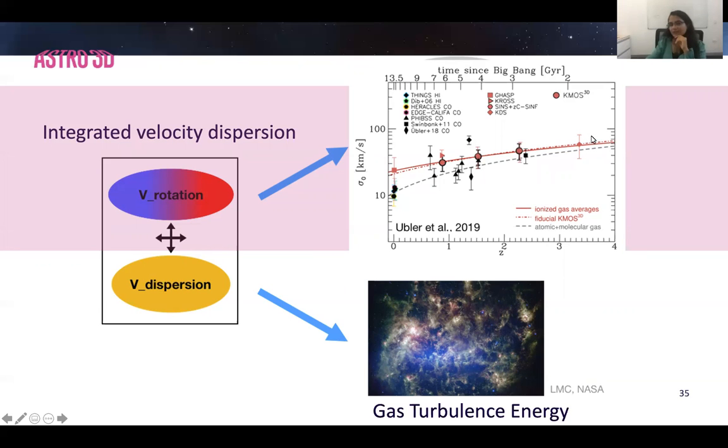However, these measurements at redshift of 3 are extremely limited. We only have about 5 galaxies at redshift of 3 with resolved kinematics, so we can't really rely on them beyond redshift 2. So maybe it's not the intrinsic velocity dispersion that's changing.